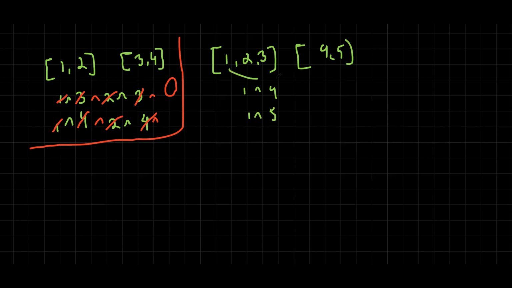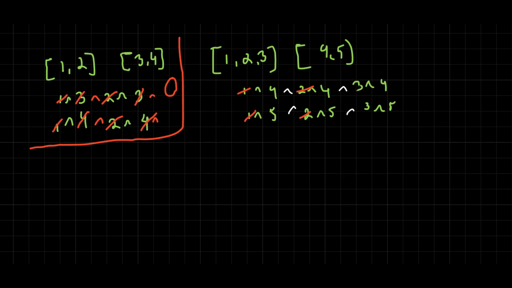That means 1 XOR 4 and 1 XOR 5. Similarly, 2 XOR 4, 2 XOR 5. Similarly, 3 XOR 4 and 3 XOR 5. And we have to perform the XOR operation among all of these elements, so we have to use XOR here. Now here, 1 is here and 1 is here, so we have to discard both of them as their XOR is 0.